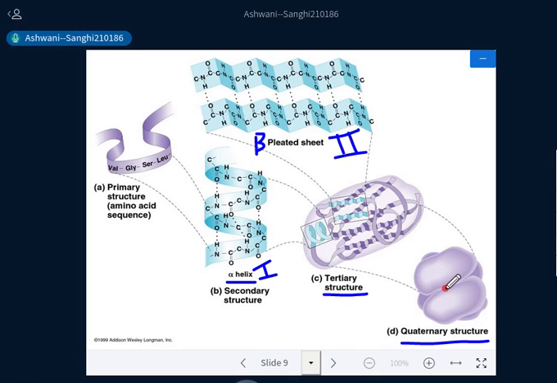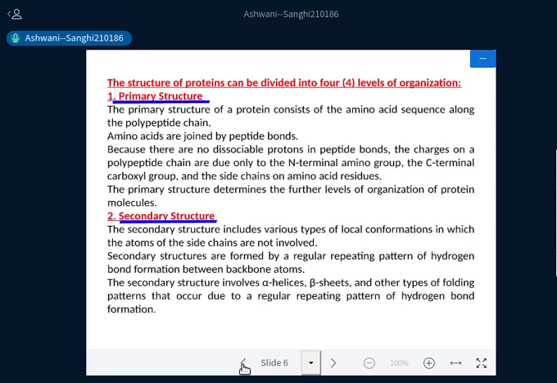These 4 chains are joined together by all the bonds: peptide bond, hydrogen bond, disulfide bond, hydrophobic interaction, ionic interaction, and all these bonds are present in the same chain and different chains. So classification of proteins on the basis of structural complexity: 4 types: primary, secondary, tertiary, and quaternary structure.